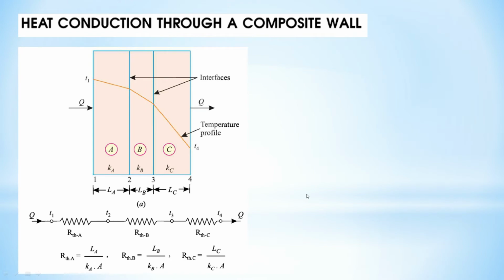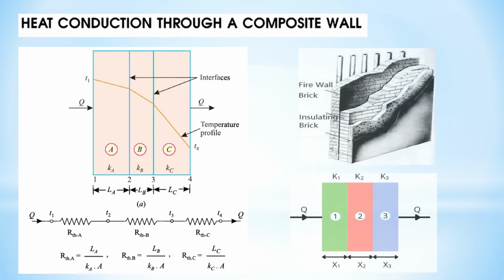Same as whenever a number of layers is given, that means a composite wall is given. Composite wall means the wall is made of more than one layer. For example, in our home, the bricks are overlapped with insulating material, plaster is there, and on the plaster surface we paint.